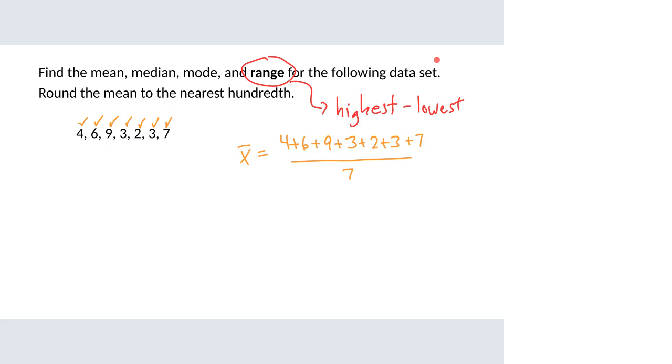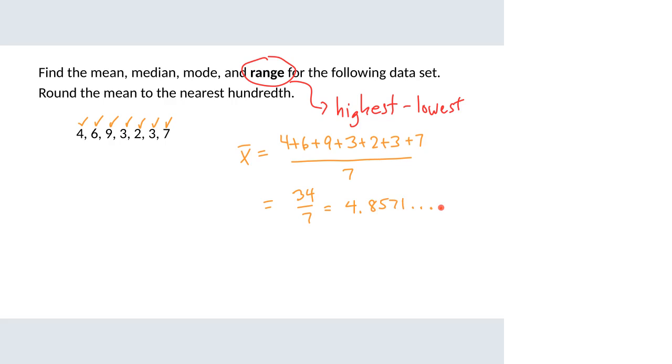All right, let's go ahead and calculate the mean here then. We'll add those up. 4 plus 6 plus 9 plus 3 plus 2 plus 3 plus 7. That's 34 divided by 7 is 4.8571. And that keeps going.